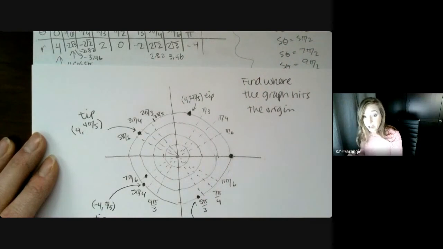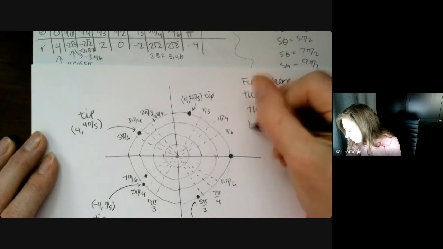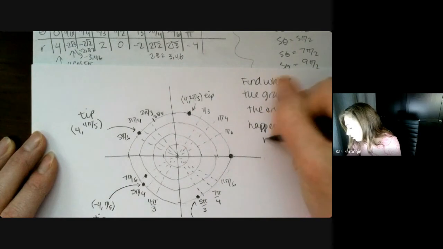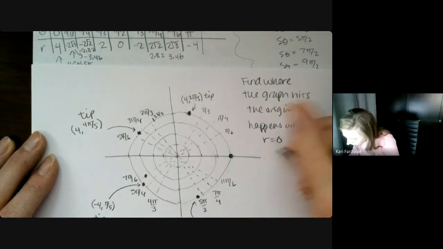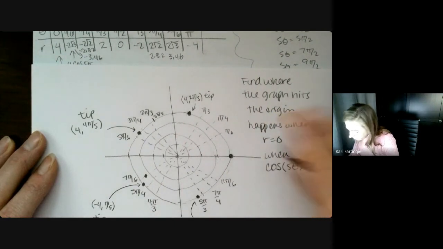And that's going to happen when r equals 0. So when r is 0, the graph's not going anywhere. And r equals 0 happens when the cosine of 5 theta equals 0.